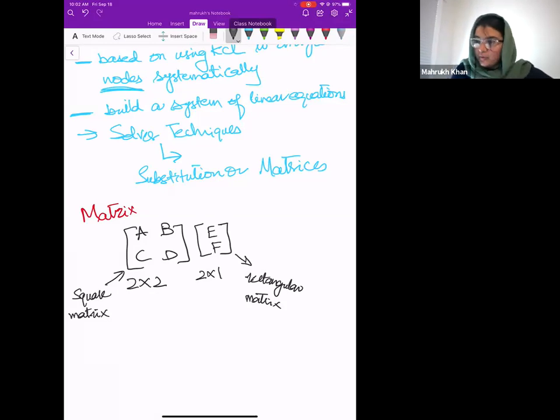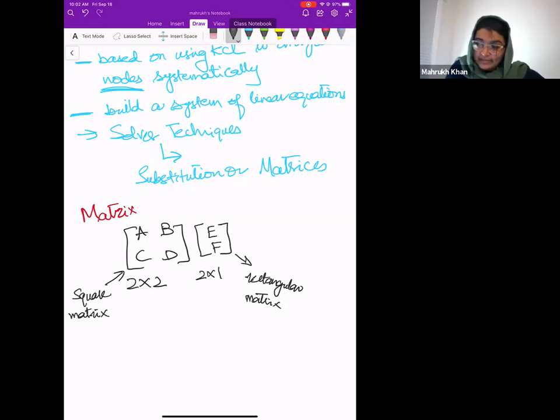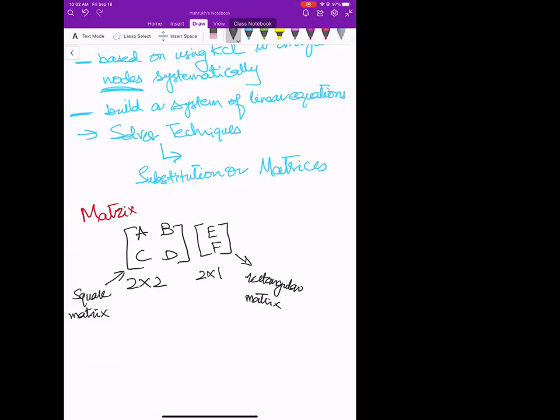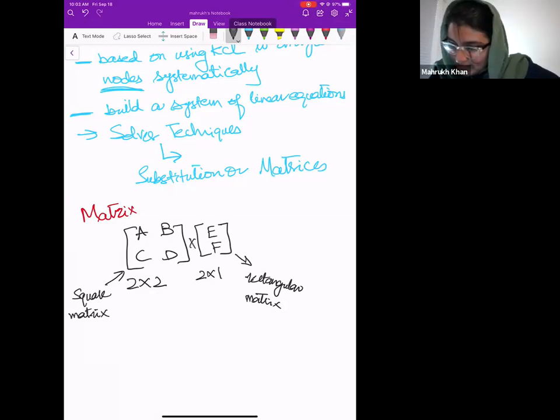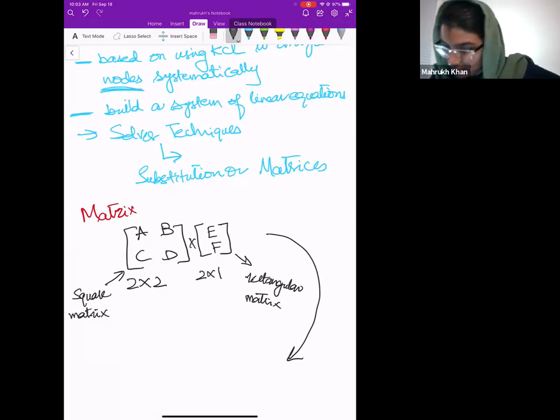Right? So have you learned about matrix multiplication? Yeah. So am I going fine? Okay, so I want to multiply these two. And when I multiply them, I need to know the order of the resultant matrix, which is dependent on this thing.